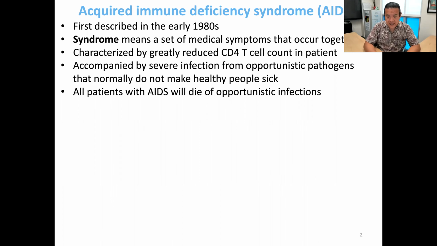One thing that I think you've all come to appreciate over the course of the semester is that we are inundated every day with exposures to all kinds of pathogens, right?